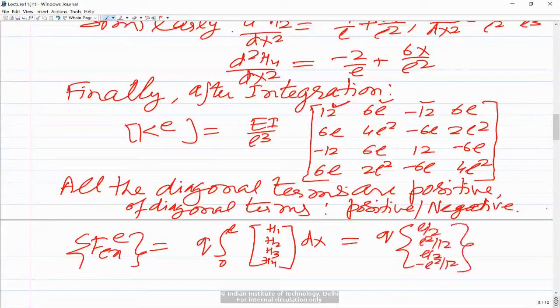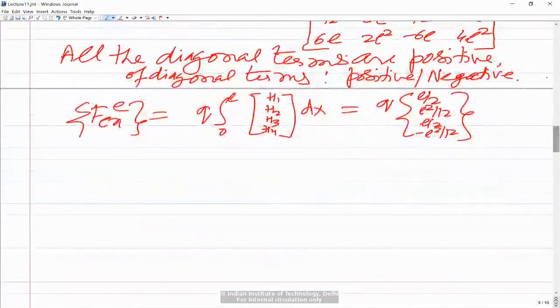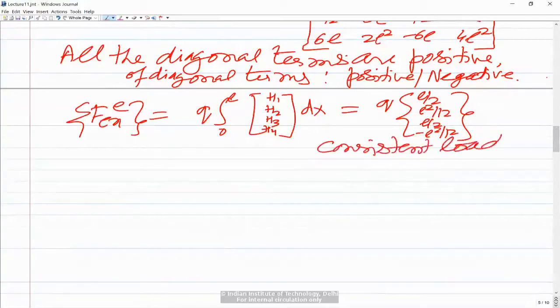Of course, the way we derive the load vector like this is through the use of shape functions. As you already know, we have earlier used this terminology: this is known as consistent load vector. Consistent, because now we are deriving the load vector based on the shape function.